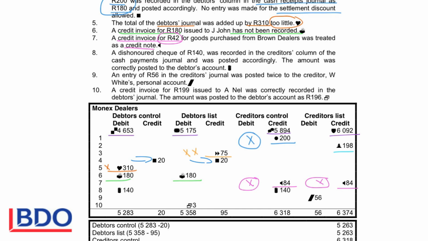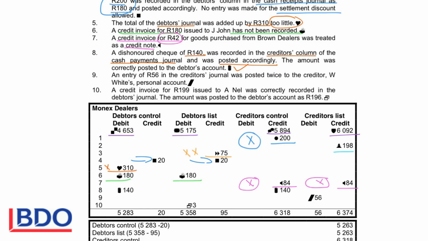A dishonored check of 140 was recorded in the creditors column in the cash payments journal and was posted accordingly. The amount was correctly posted to the debtors account, so there's no mistake in the debtors list. What happens with a dishonored check?